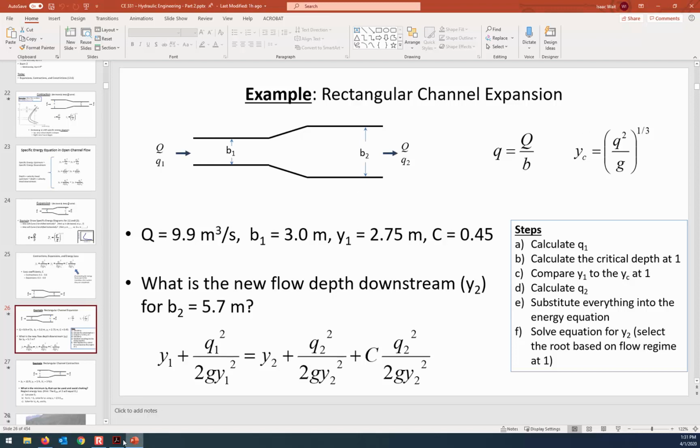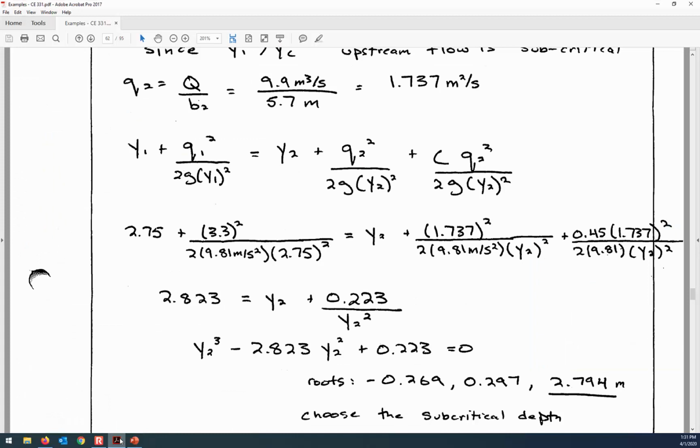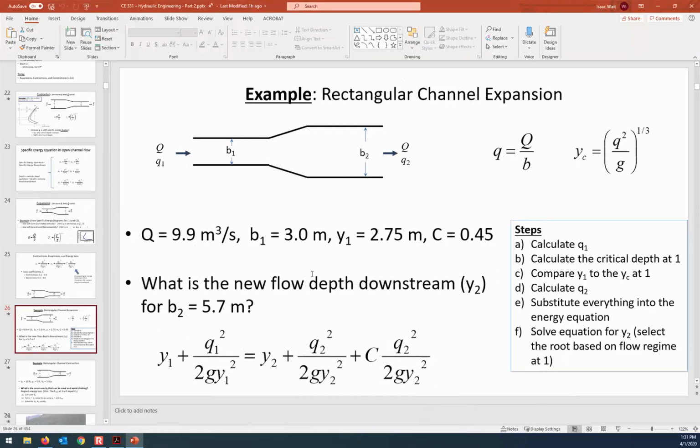But no, it's getting wider and deeper. So how is that even possible? If the flow rate, if the lowercase q is, no, I'm sorry, if the big Q is the same, you know, if the flow rate in and out is the same, how is it possible that it both got wider and deeper? How does that not violate the continuity equation, which cannot be violated?